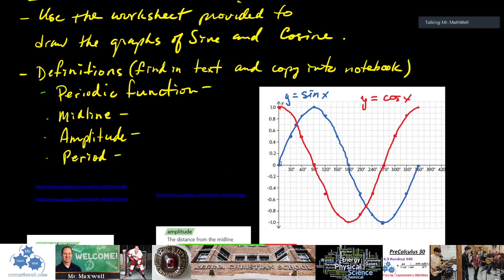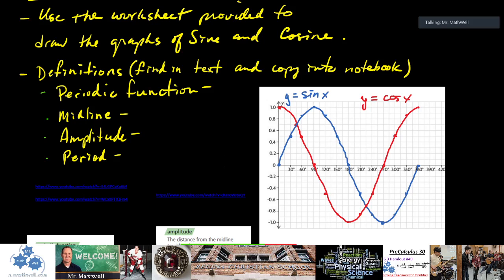Now remember, in radians, 0 is still 0 in radians, but 360 degrees is what in radians? Who remembers from last class? 1? Okay, 1 radian is 57.3 degrees, approximately. But 360 degrees is how many radians?